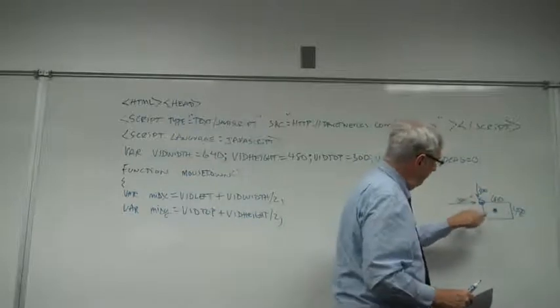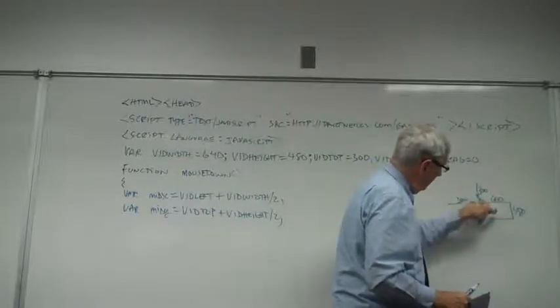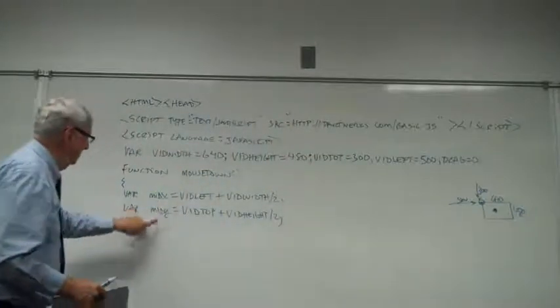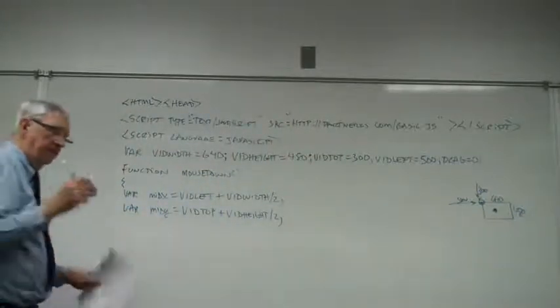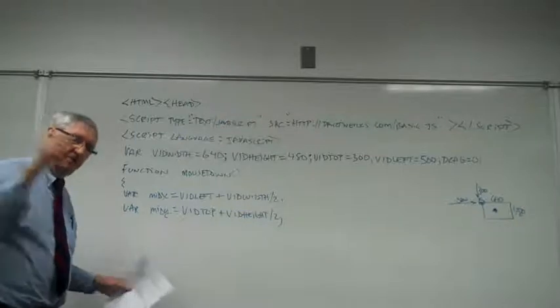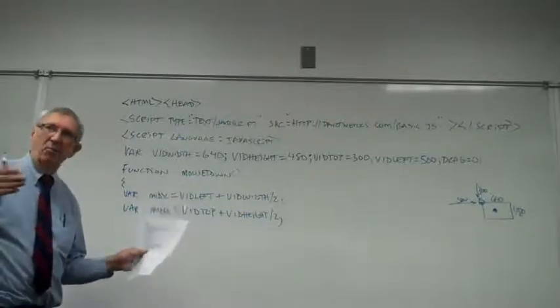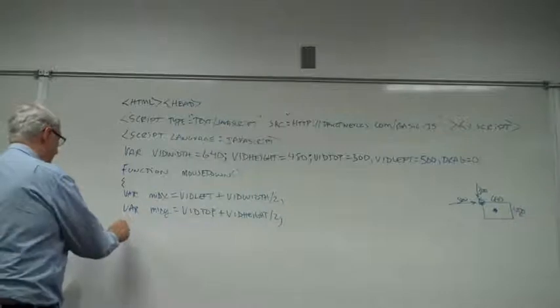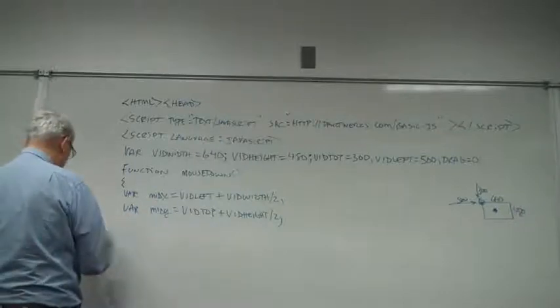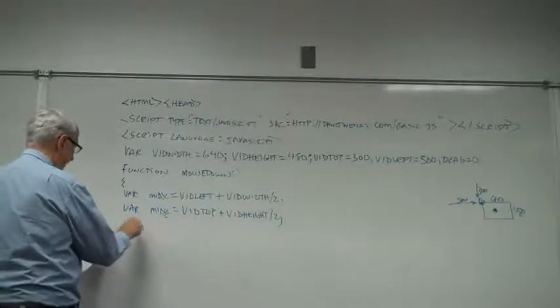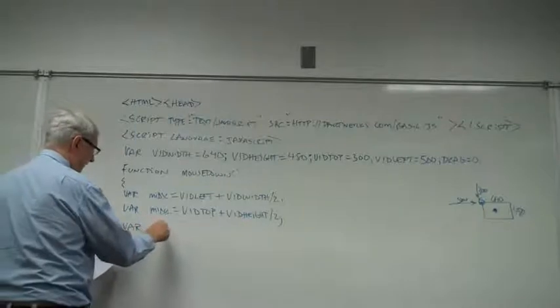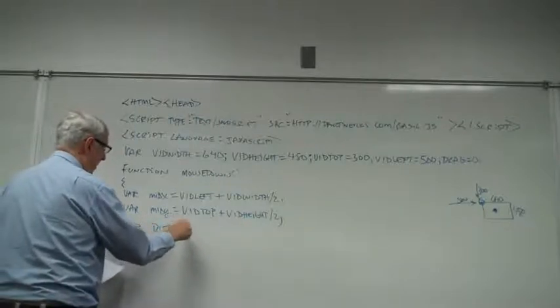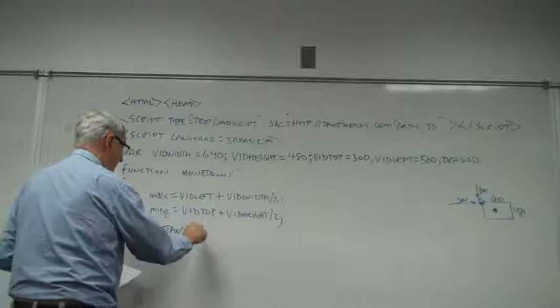So now I know two things. I know what the X is of this, and the Y is of this, just by doing that calculation. That's the midpoint X, and that's the midpoint's Y. Now what I do is I say, when I click the mouse down, how close am I to that point? That's the point that I'm interested in. So I say, okay, I get a distance. I create this variable distance is equal to proximity.